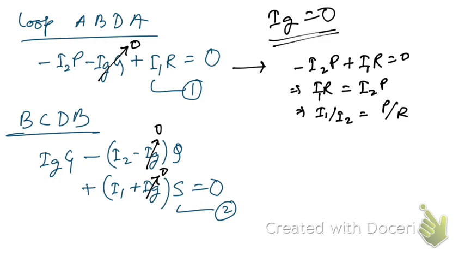Similarly, equation number 2 implies that the G term will become 0, so minus I2Q plus I1S is equal to 0.